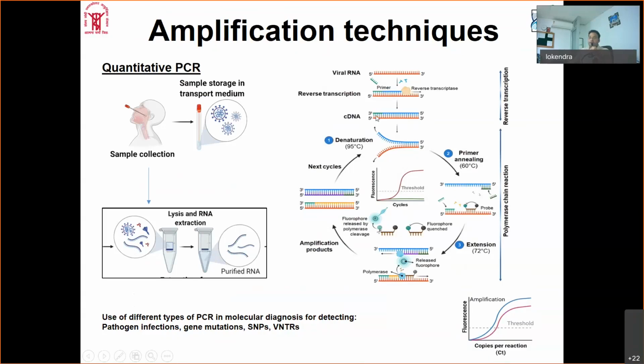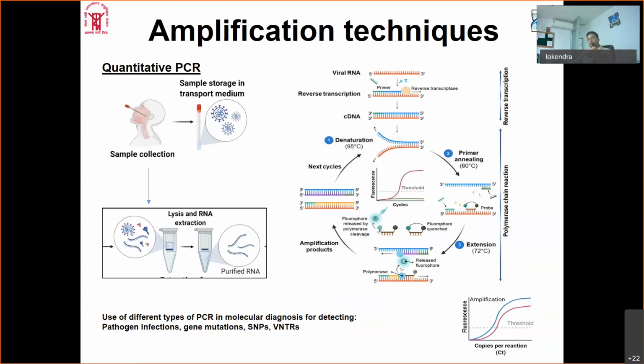So quantitative PCR generally is a kind of modification of the polymerase chain reaction. The difference is, in this case, we generally use a probe which is fluorescently labeled and very specific to a particular gene, and the release of these fluorophores, which are attached at their ends, can be detected by the real-time PCR detector, and that translates into the threshold cycles.